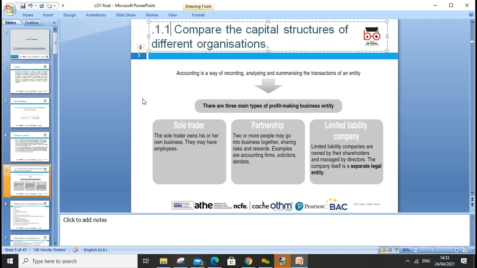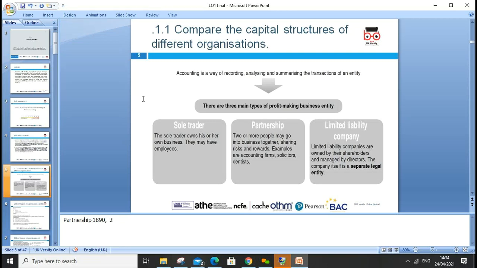A partnership is governed by the Partnership Act 1890. If we don't have a written agreement between partners, the Partnership Act 1890 automatically applies. Do we know how many partners need to be in a partnership?